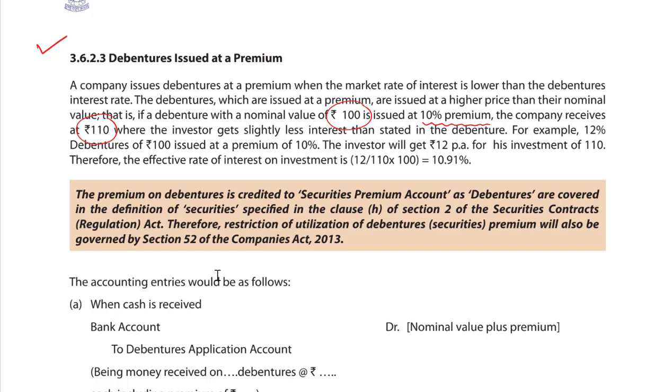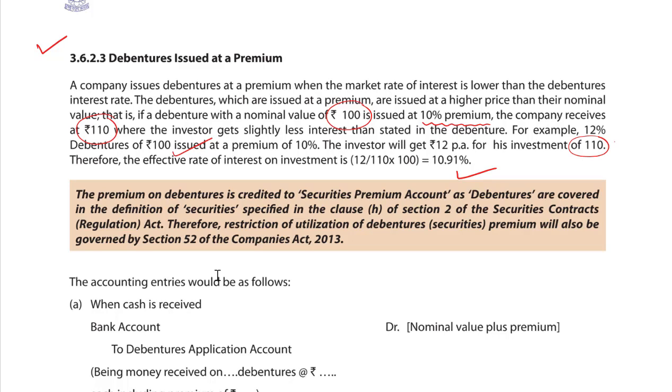For example, for a 12% debenture of 100 issued at a premium of 10%, the investor will get rupee 12 per annum for the investment of 110. Therefore, the effective rate of interest on debentures is 12 divided by 110 multiplied by 100, which is 10.91%.